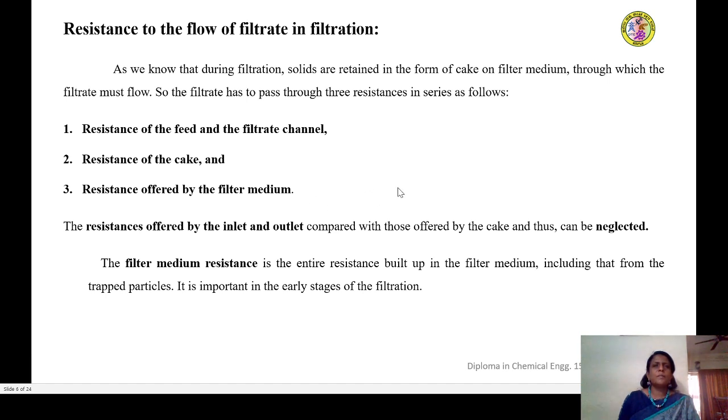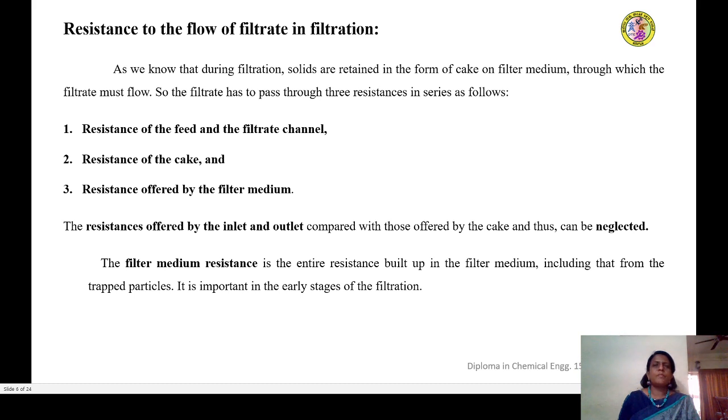That combined particles and filter medium actually forms the true filter medium. From there onwards, the combined trapped particles and filter medium is considered as the filter medium for the flow of the rest of the filtrate.